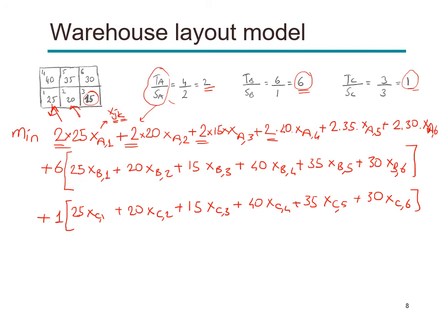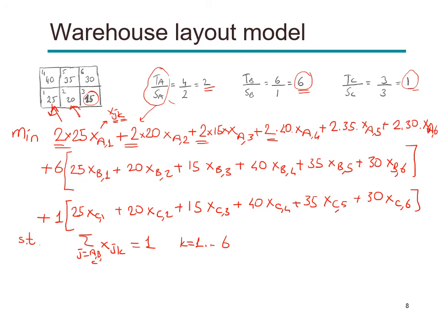When we write our constraints, the first constraint says that we need to allocate only one product to each storage location. So for k equals 1 to 6, the summation of xjk over all j from A, B, and C should be equal to 1.